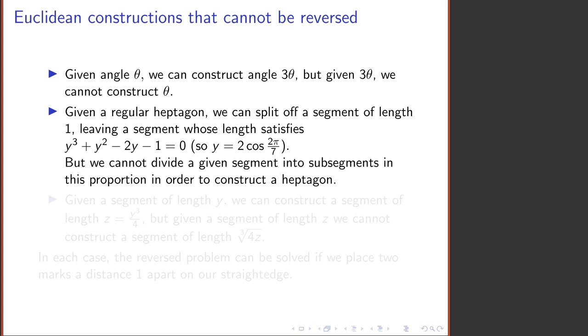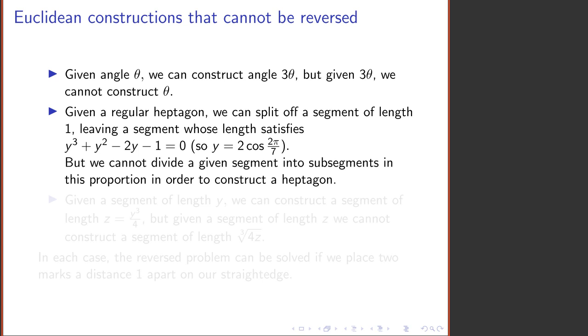If you give me a regular heptagon, I can, with considerable difficulty, split off a segment of length 1 and leave behind a segment whose length I'll call y, where y, which is really the ratio of two line segments, satisfies the cubic equation y cubed plus y squared minus 2y minus 1 equals 0.